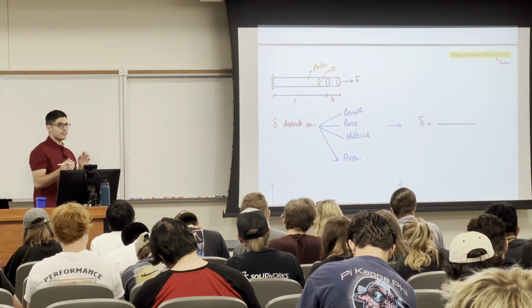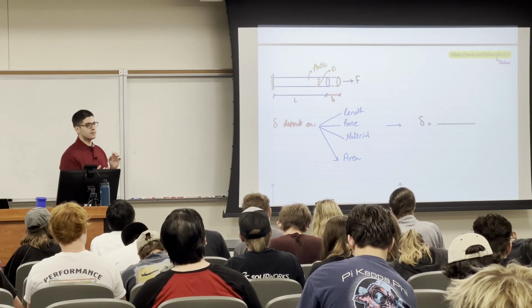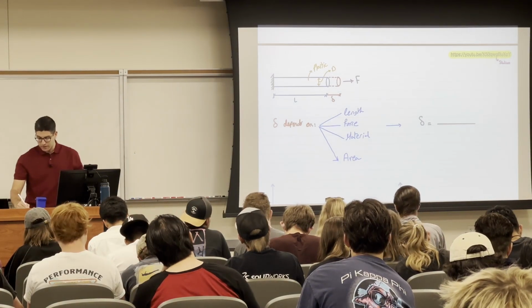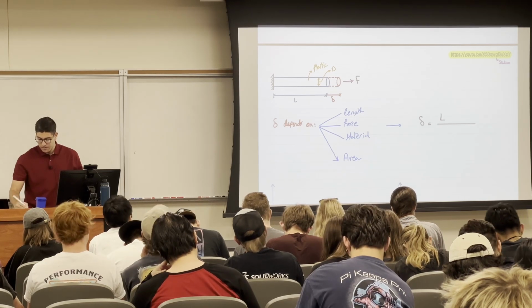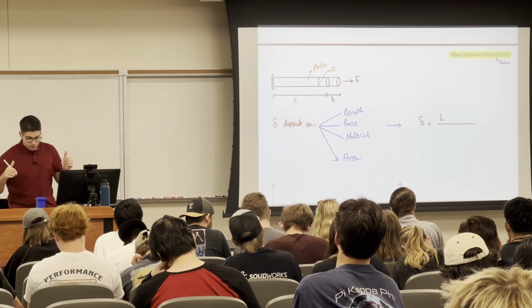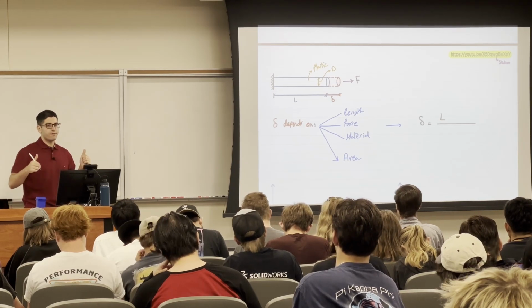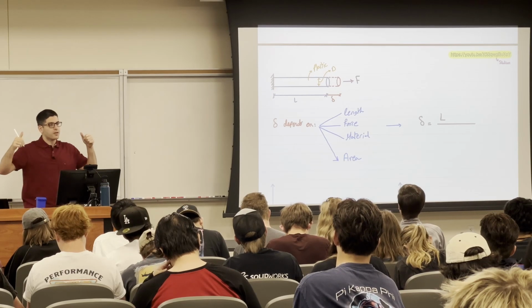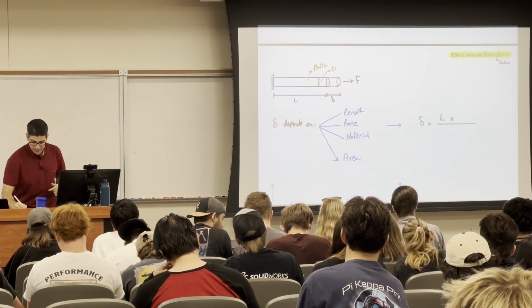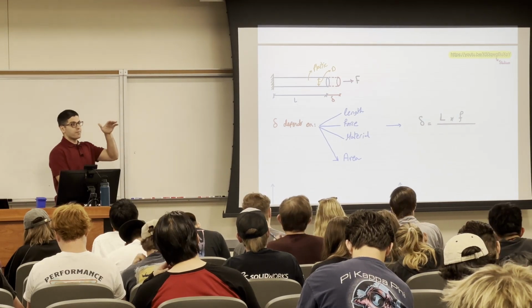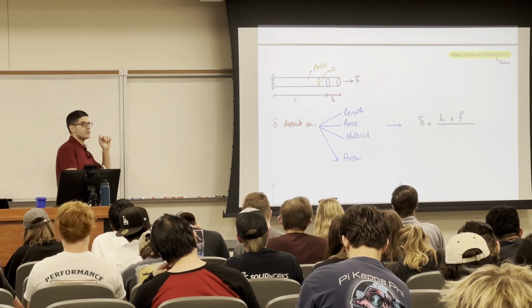If I increase the length, will the delta increase? I'm just trying to make it proportional. Yes. So I'm going to put the L at the top, since if L increases, the delta is going to increase. What about the force? If the force increases, the delta is going to increase or no? Yes, so I'm going to put it up. What about area? If I increase the area, the delta is going to increase or decrease?